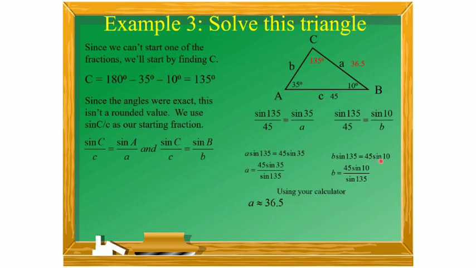Next, divide both sides by sine 135. We will get B is equal to 45 times sine 10 all over sine 135.